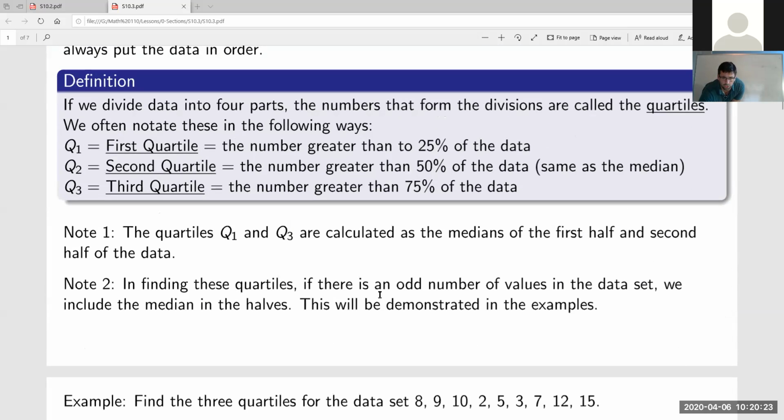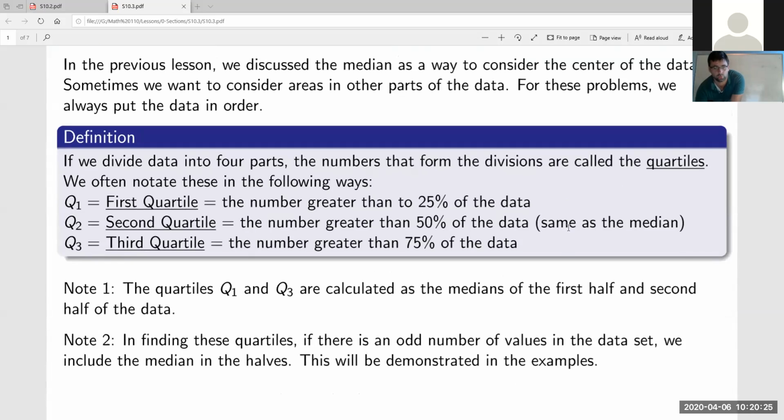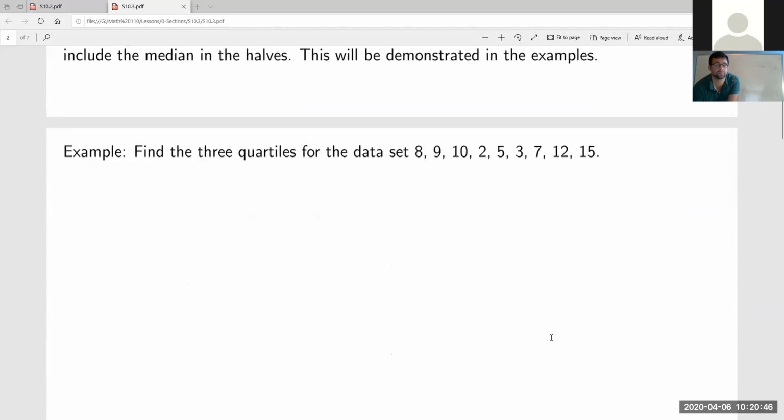So the quartiles, Q1 and Q3, are calculated as the medians of the first half and second half of the data. In finding these quartiles, if there's an odd number of values in the data set, we include the median in the halves. This will be demonstrated in some examples.